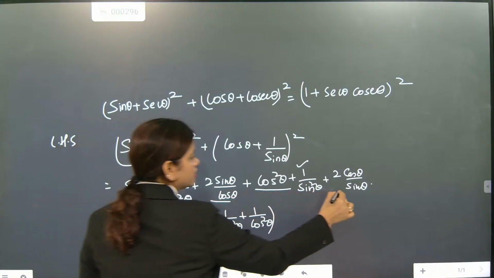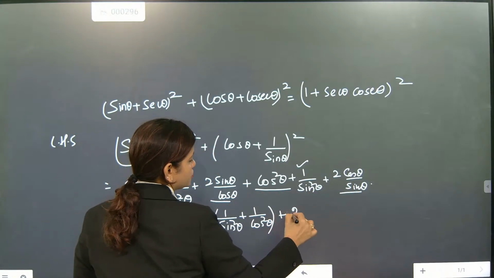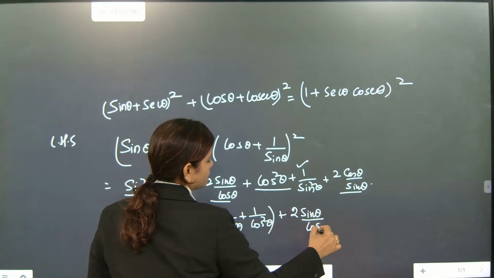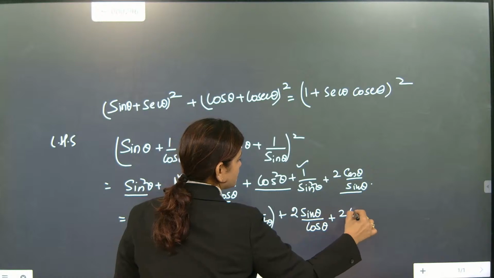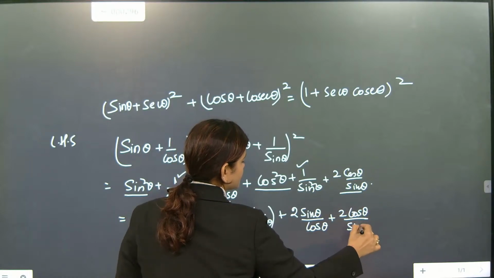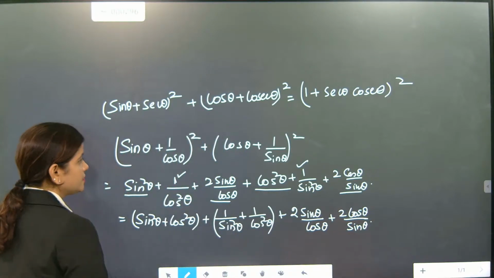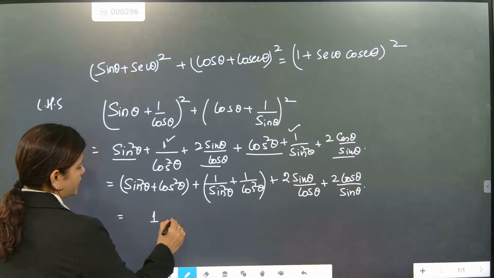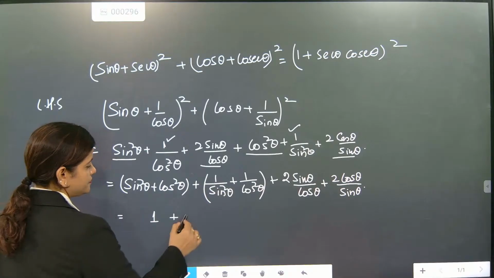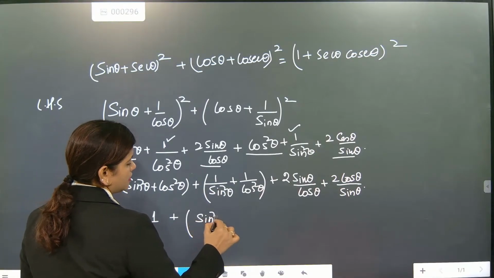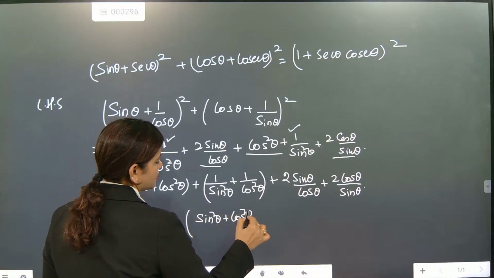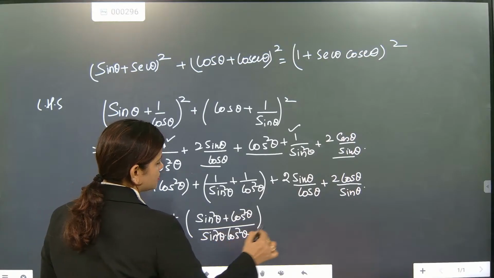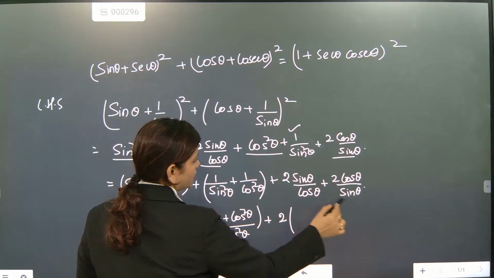And now you take this and this together. It is coming as 2 sine theta into cos theta plus 2 cos theta into sine theta. Done? So now here you see, this part will become what beta? 1. And this part will become sine square theta plus cos square theta by sine square theta into cos square theta plus 2 take common.